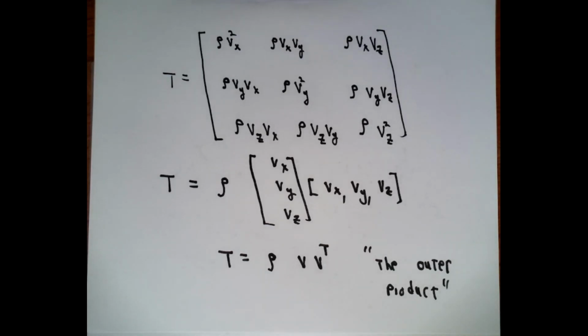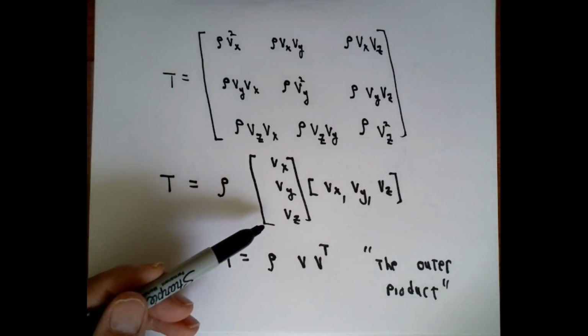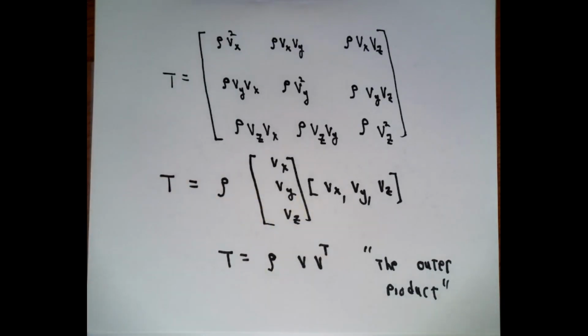If I think of v as being a column vector, v transpose will be a row vector, and this matrix will just be v times v transpose. In linear algebra, this is called the outer product of the two vectors, as opposed to the inner product, which would be v transpose v. If you remember, in our tensor development, we've also had something called the outer product. This is becoming very suggestive.